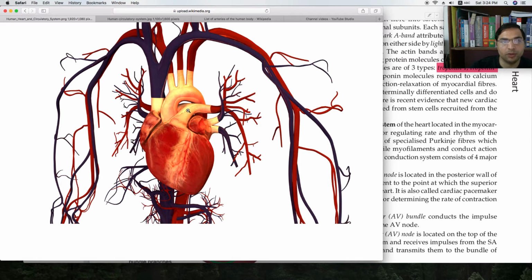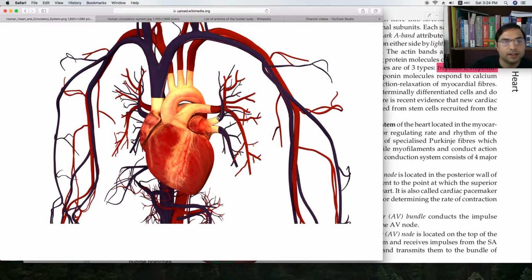The pulmonary vein divides into the right pulmonary vein and left pulmonary vein, and it gives branches in this area, which is the lungs. So from the lungs, the oxygenated blood is coming through the pulmonary vein into the heart, right? Okay.